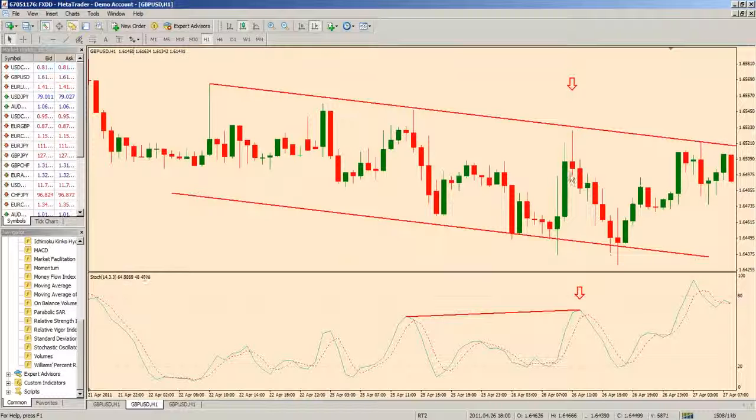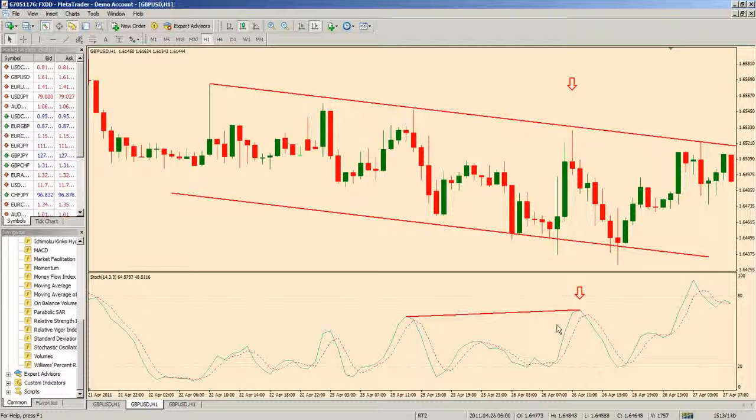Now you're looking for warnings. What do you have here? You have price action move up to the top, and it ends in this shooting star pattern, a small lower body and long upper wick, right at resistance. What else do you have here? This is actually called hidden divergence.